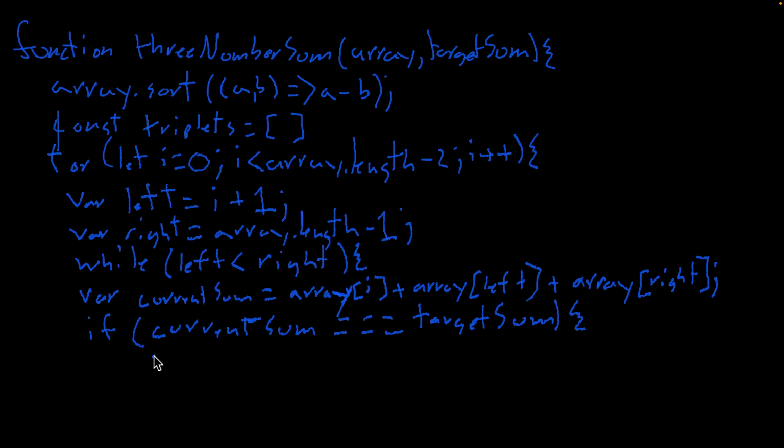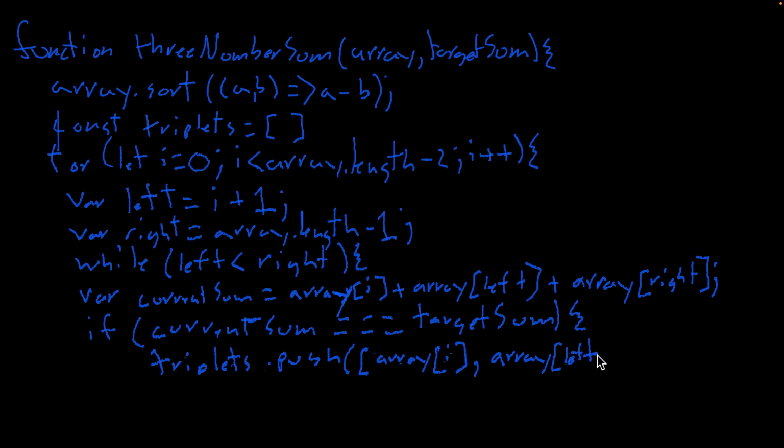We're going to say triplets.push, an array with array at I, array at left, and array at right.